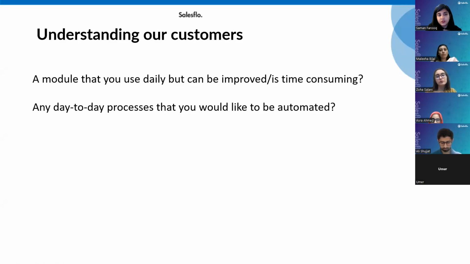You can drop in your suggestions in the chat window over here, or you can email us about that, so that we can add it into our innovation pipeline, and we can work on improving the product for you further. We'll wait for a couple of minutes more if you would like to send in your suggestions right now.